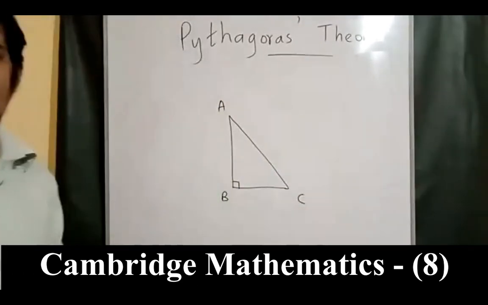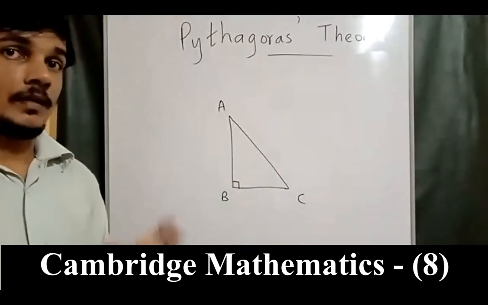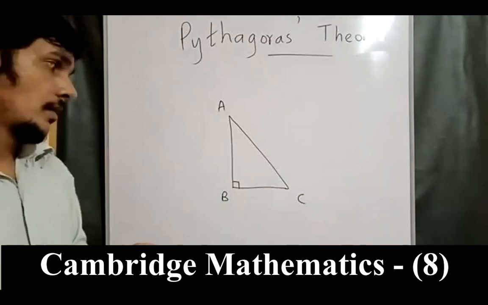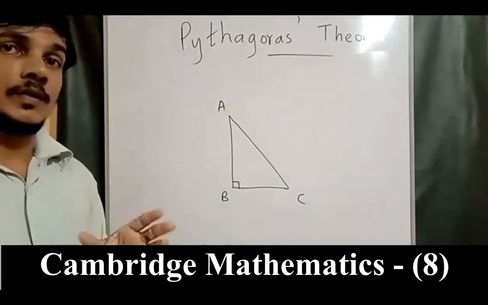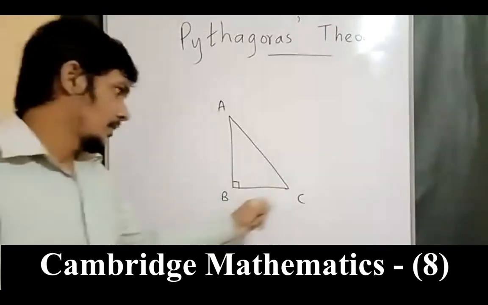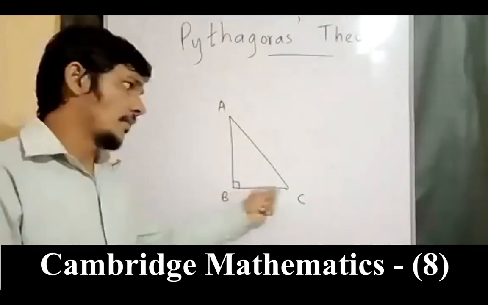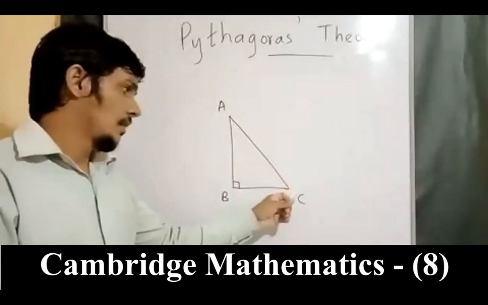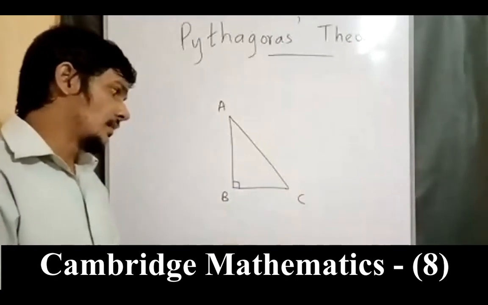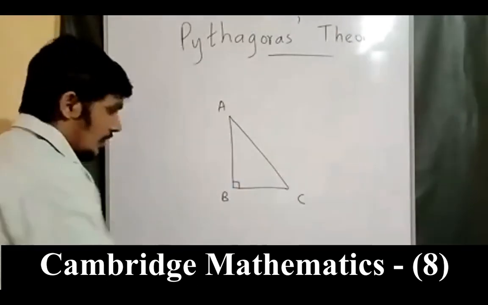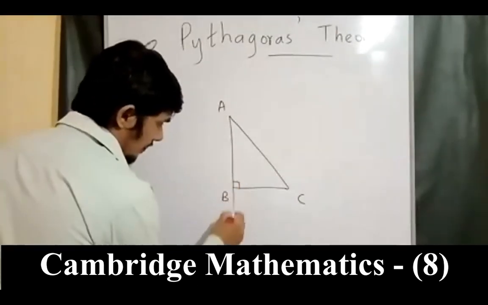What do I do? I'm going to construct squares, with side length equal to BC. I'm going to create a square on side BC such that the side length of that square is the length of BC, which means it will be something like this.